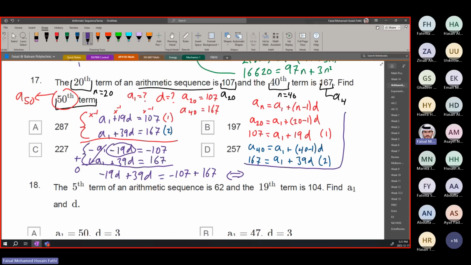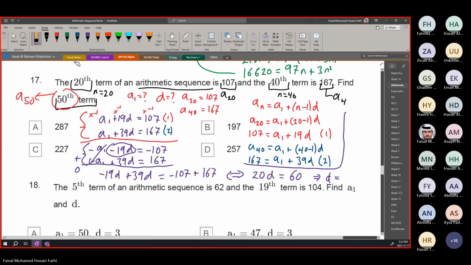So 39 minus 19 is 20D, which is equal to 167 minus 107, which is 60. Divide both sides by 20, and you will get D is equal to 60 over 20, which is simply 3.